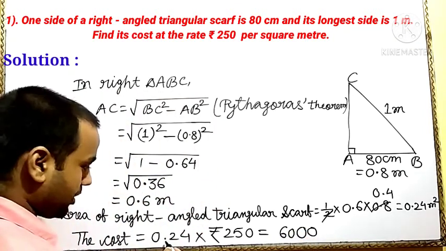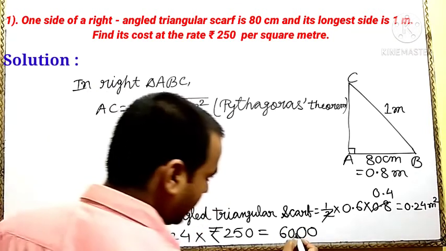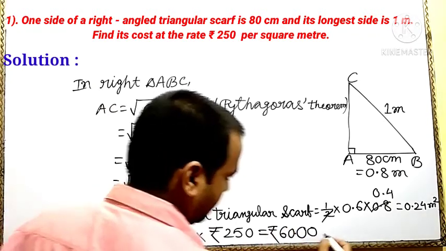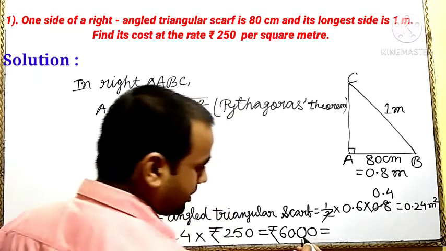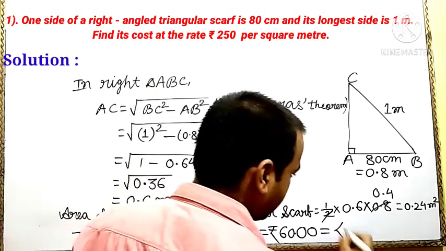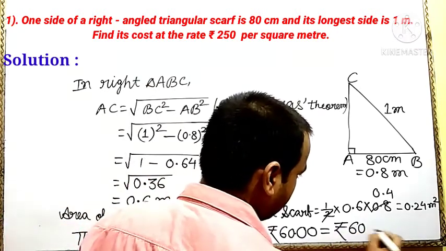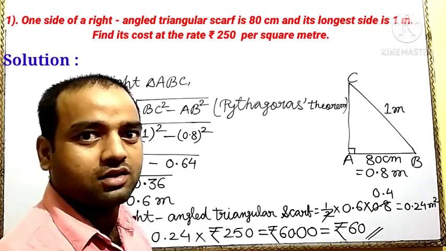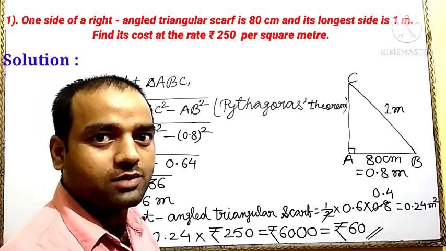Here decimal after 2 digits, so put 60.00, means 60 rupees. This is your required answer. Is it clear?